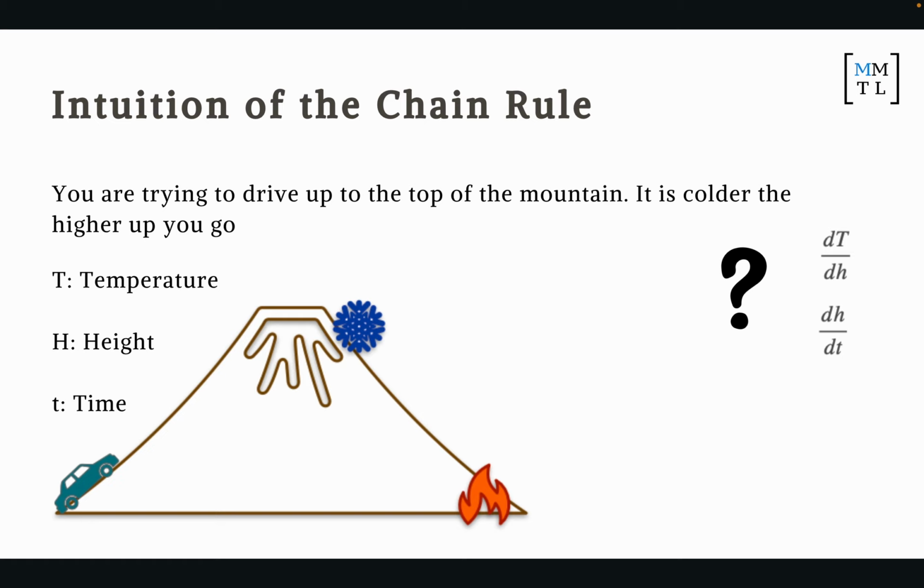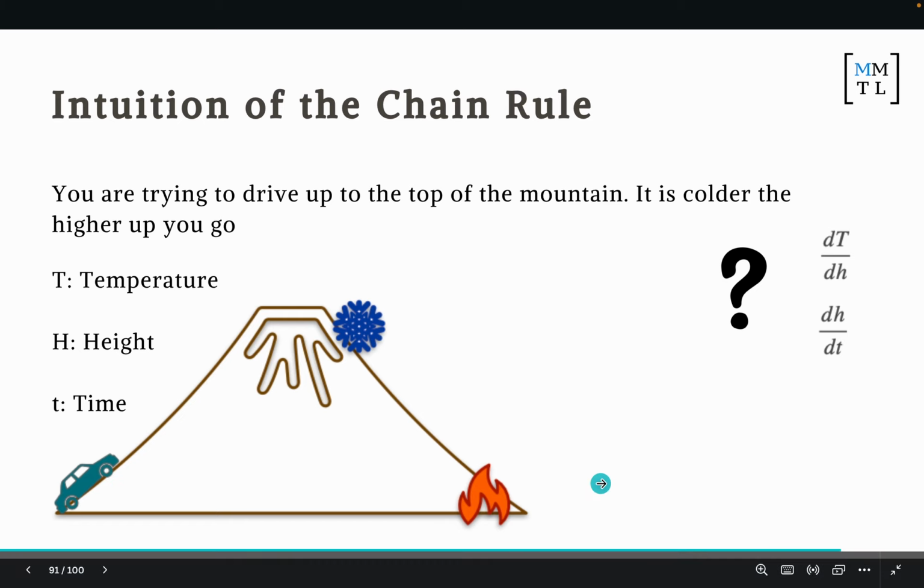Now, dH over dt. The same thing, but with respect to the height changing over time. Would you expect this to be positive or negative? I think positive. If you go down the mountain, that's different, but to keep it simple, we're only going up the mountain.